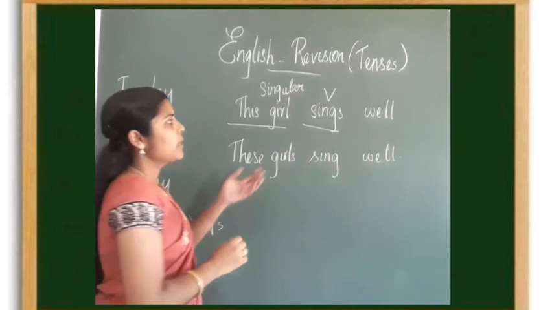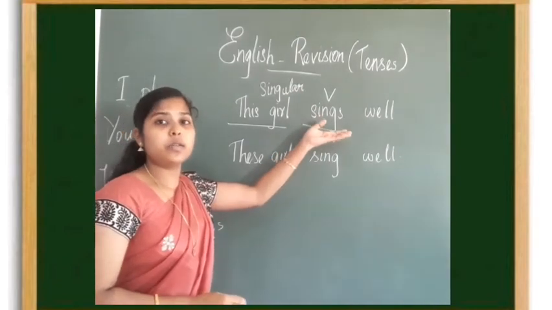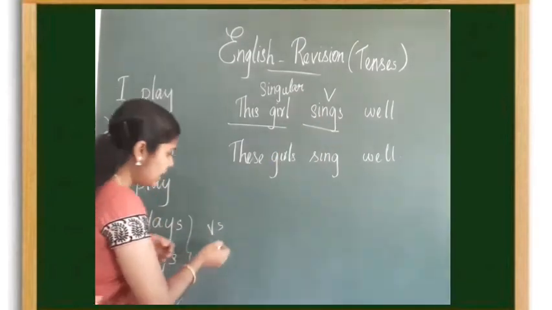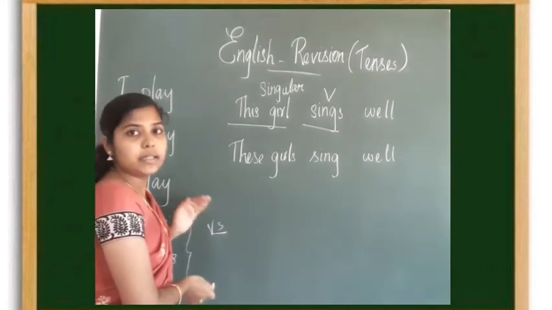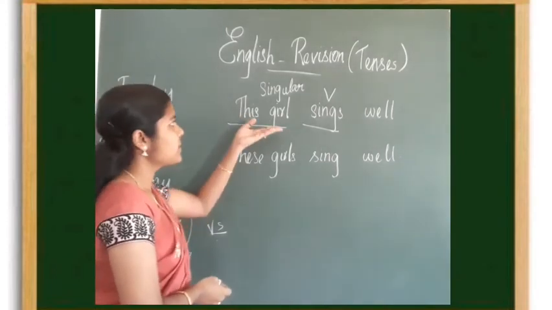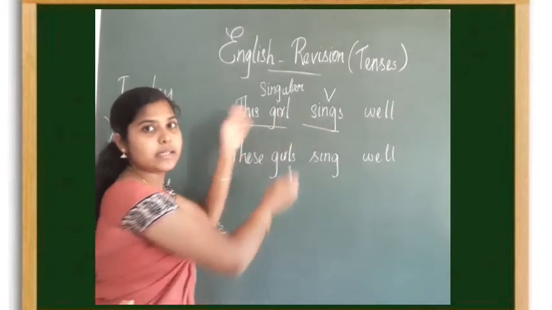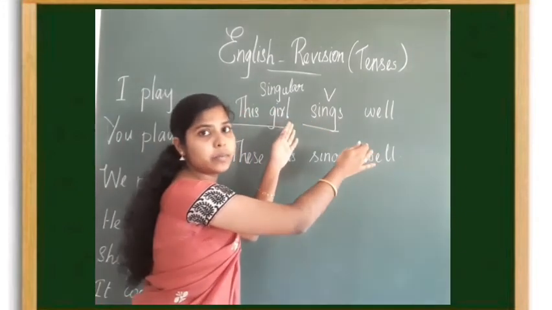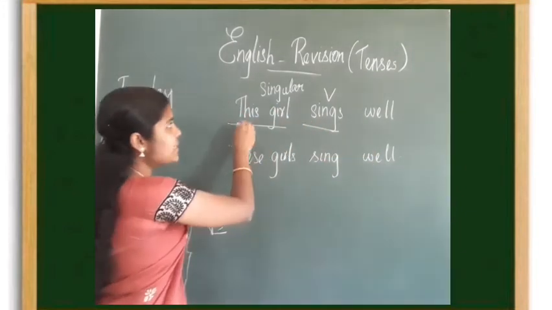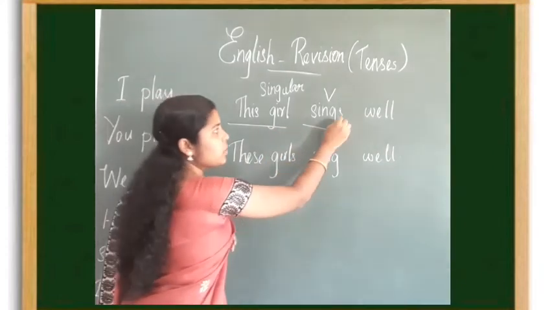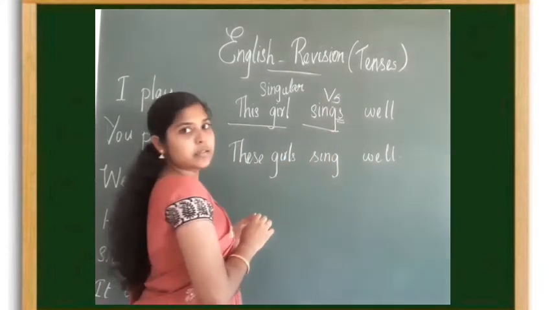And so the verb should also be singular, but we have to add s along with the third person singular. Singular subject, singular verb. Okay? Third person singular. So the verb takes s.